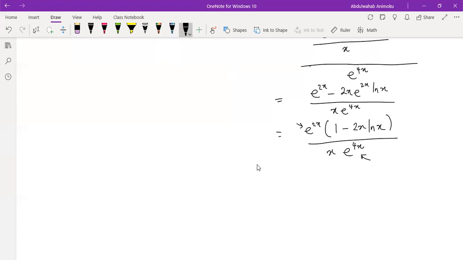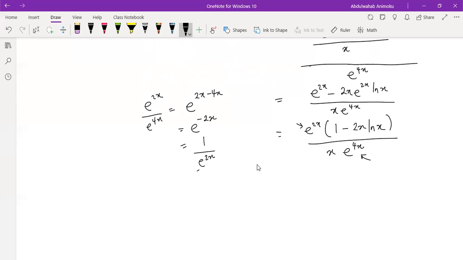So just think about it. If I have e raised to the power 2x divided by e raised to the power 4x, this can be simplified using indices as 2x minus 4x, which will give me e raised to the power minus 2x, which is simply 1 over e raised to the power 2x.